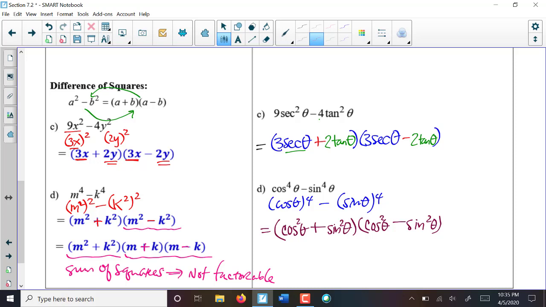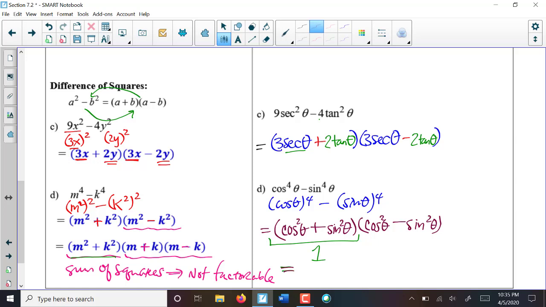Okay, now here we can go a little bit differently because over here on the left, I couldn't factor m squared plus k squared, and I can't factor cosine squared theta plus sine squared theta, but we know that it is equal to 1. How many times have we seen Pythagorean identities today? A lot. All right.